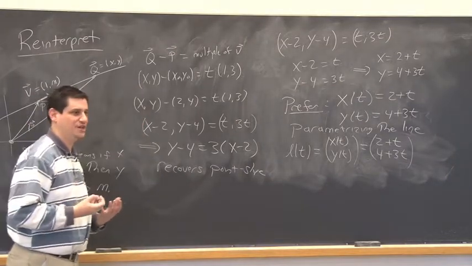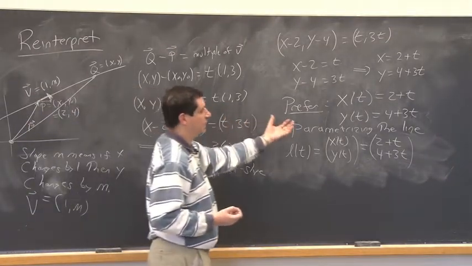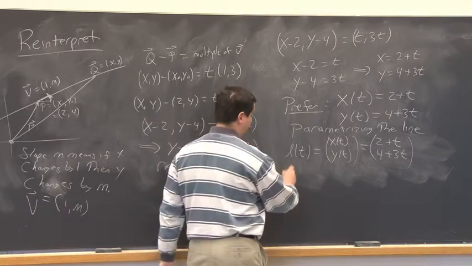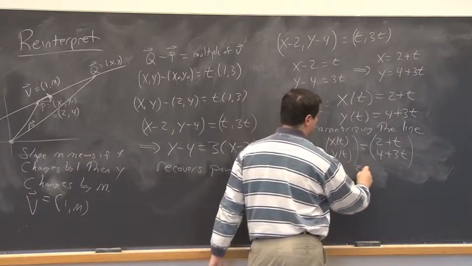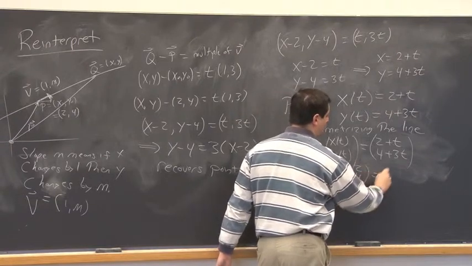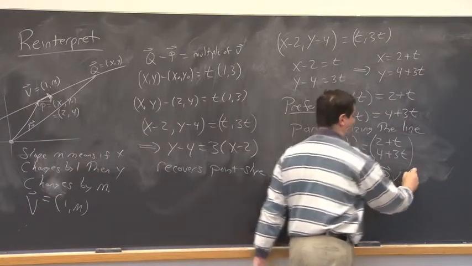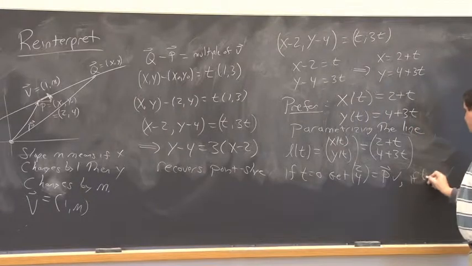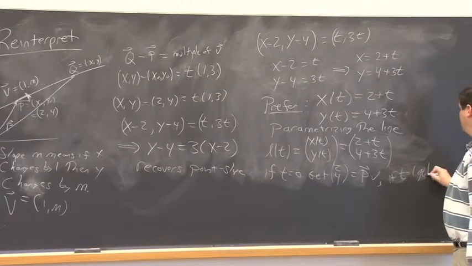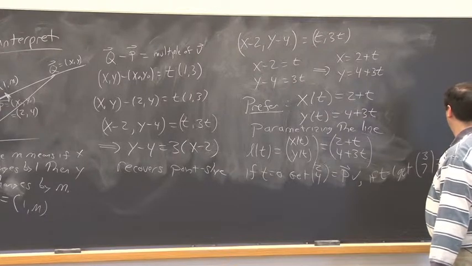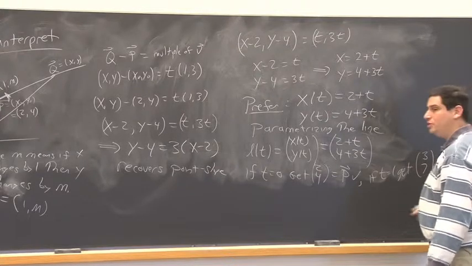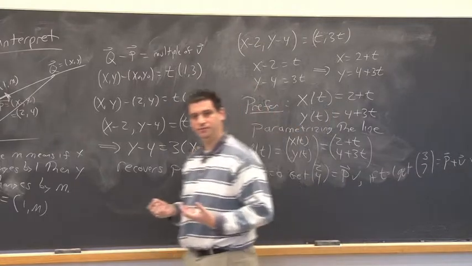Check the 0 first. If I take 0, I should get back my point P. If t equals 0, we get (2, 4), which is just our point P. And then if t equals 1, we now get (3, 7), which is P plus v. So both of these checks are reasonable.